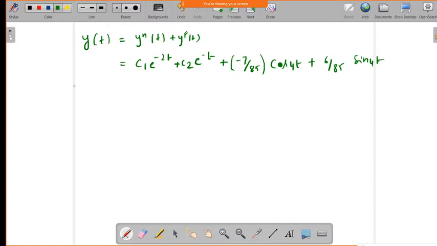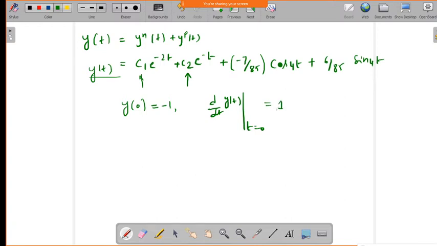Okay. So now this is the complete solution and you need to find out C1 and C2. In order to find C1 and C2, you have to use the initial conditions. What are the initial conditions which are given? y of 0 is equal to minus 1 and dy by dt of y of t at t equal to 0 is equal to 1.